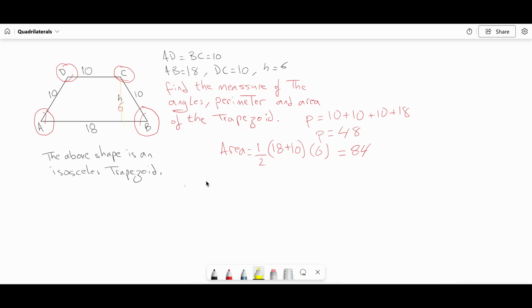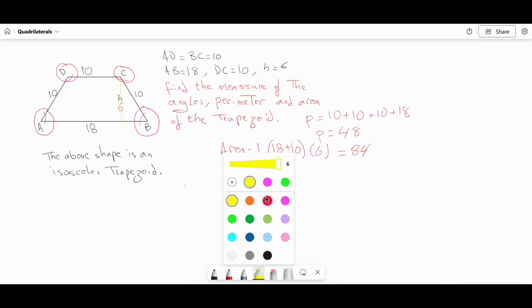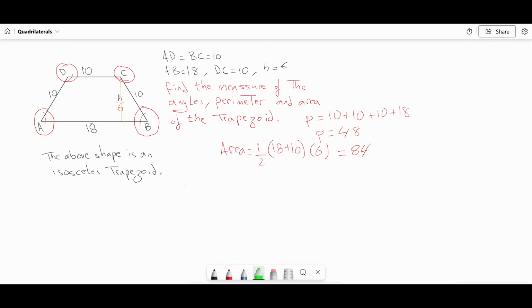If we look here, for example, we have, let's highlight it green. We have here a right triangle, right? This is a right triangle.